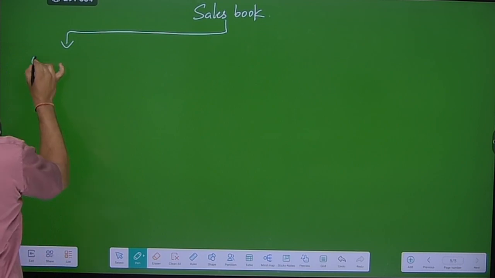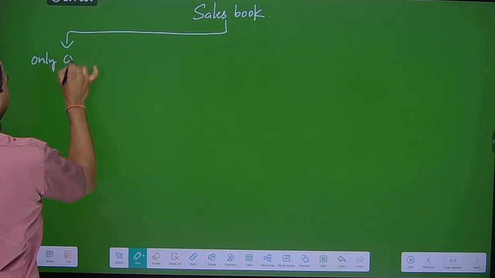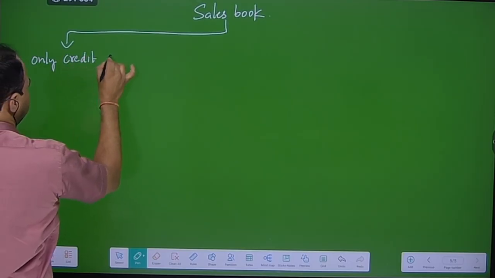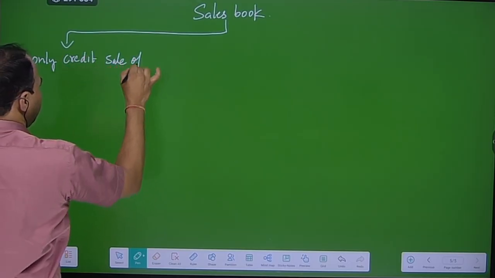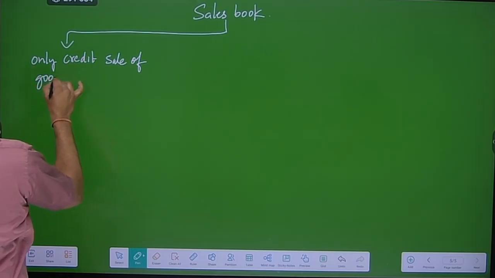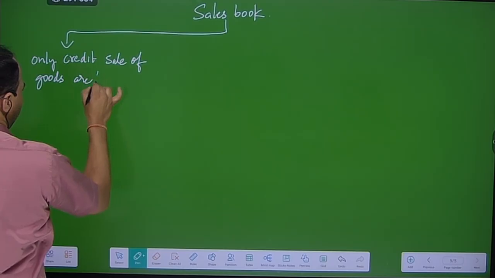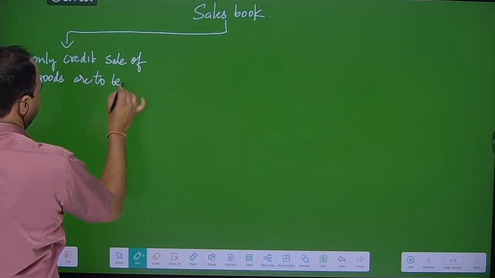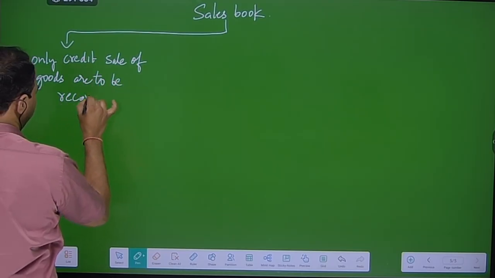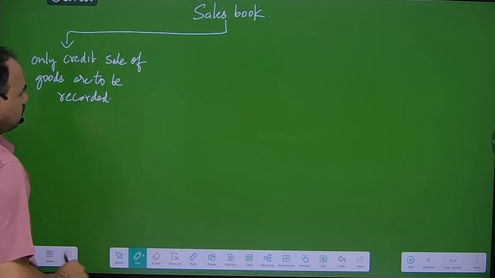For the sales book also, the same rule. First rule: only credit sale of goods are to be recorded.